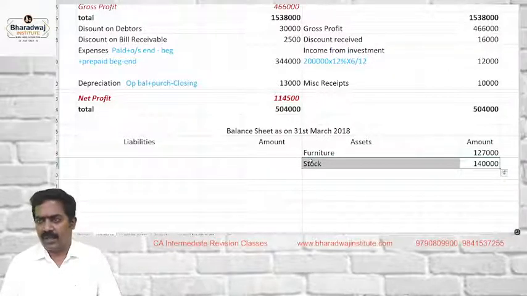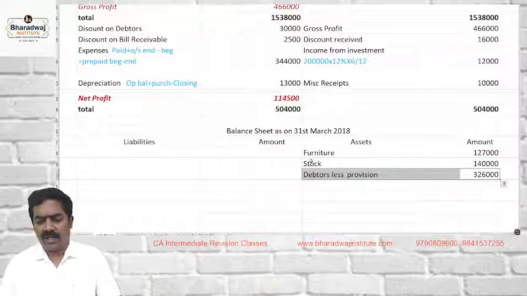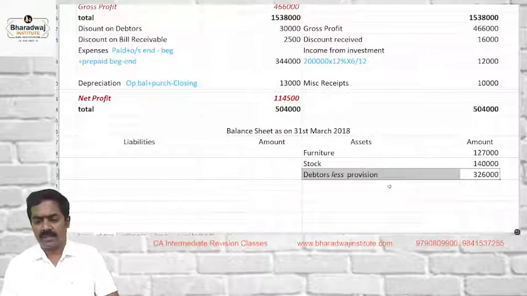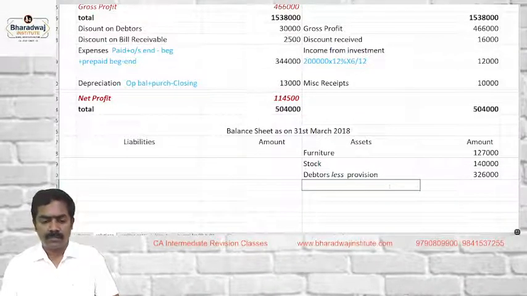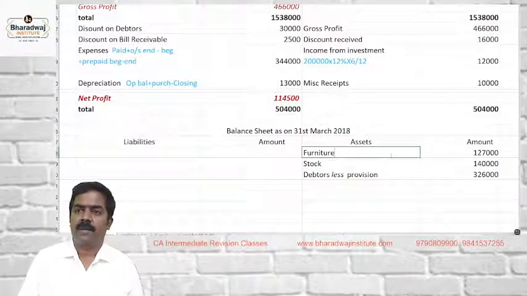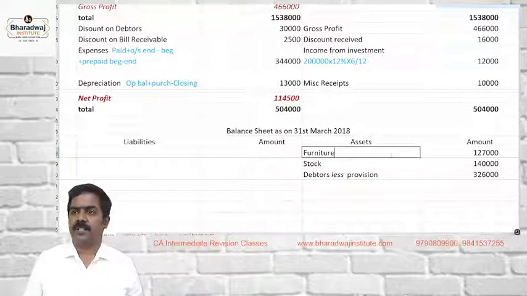Stock, closing stock 1,40,000. Debtors, how much? 3,26,000. There is a purchase of furniture for 20,000. Furniture, what is the opening balance? Opening balance plus purchased minus depreciation will give us what?